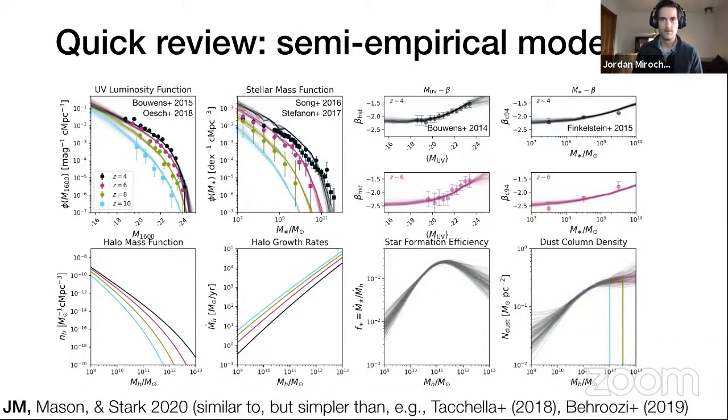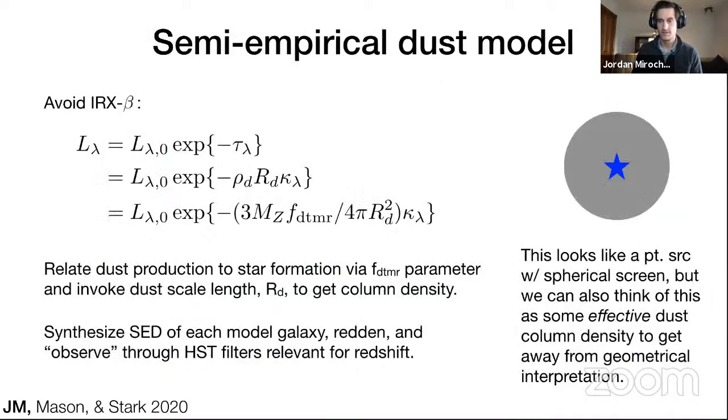The first step we took in this work is to generalize things a bit and to ask these more physically motivated questions rather than invoking an IRX-beta relationship to correct for dust, which is often done. We employed a simple physical model where we basically imagine a galaxy like a point source and a uniform spherical cloud of dust, in which case we can redden the intrinsic spectra of galaxies that are predicted by our model, synthesize their SED, observe them through HST filters, and do a fair comparison to the observations.